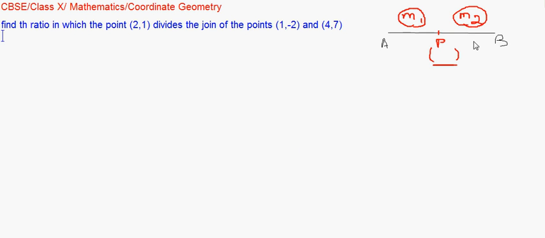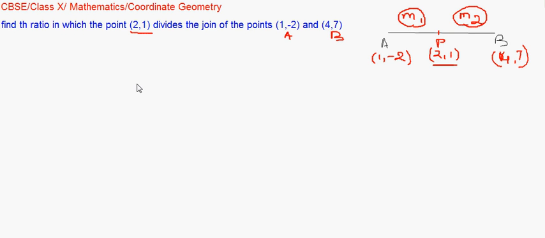So if you look at the figure which I had drawn previously, this point is P. P is given to be (2, 1). Let us consider this to be A and this to be B. You can take any of them as A or B. So let me write it down as (1, -2) here, and this becomes (4, 7).